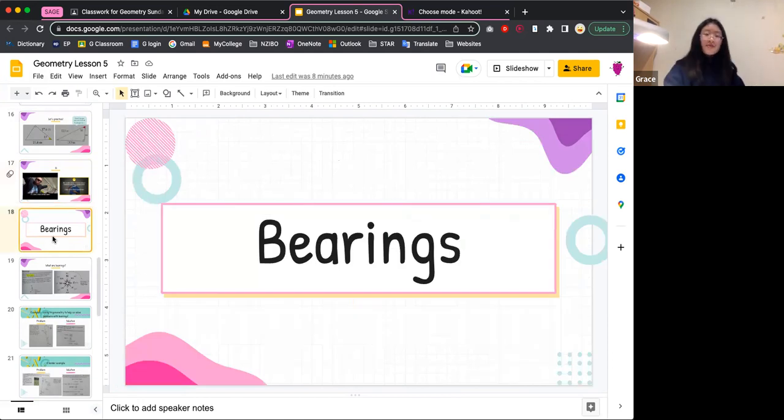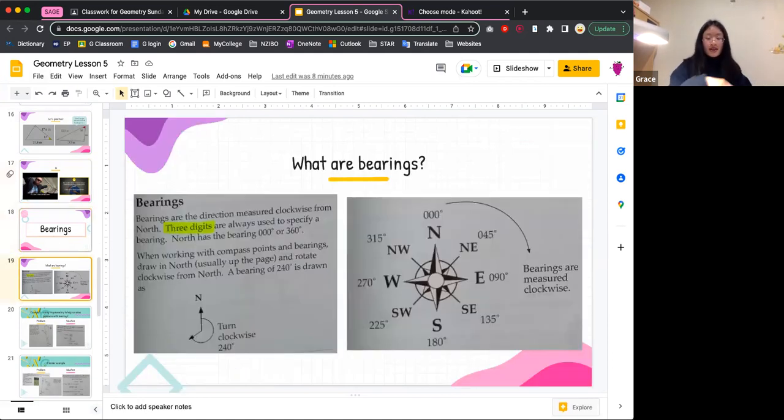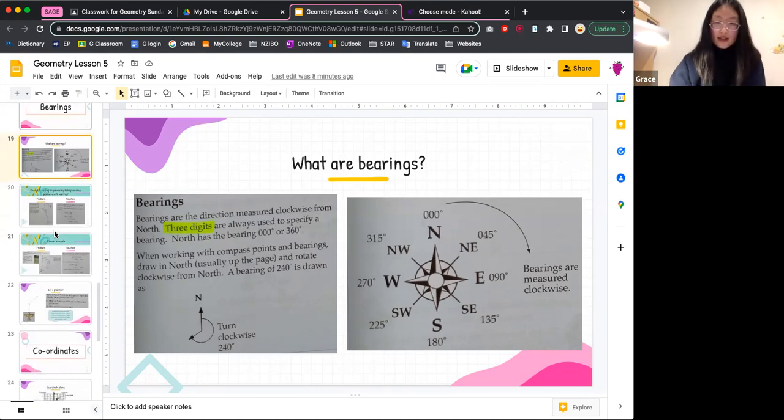Okay, now moving on to bearings. So bearings, they're essentially like compass directions. They're a specific kind of compass direction, and we have a lot of trigonometry problems that involve bearings, so they're quite useful to get to know.